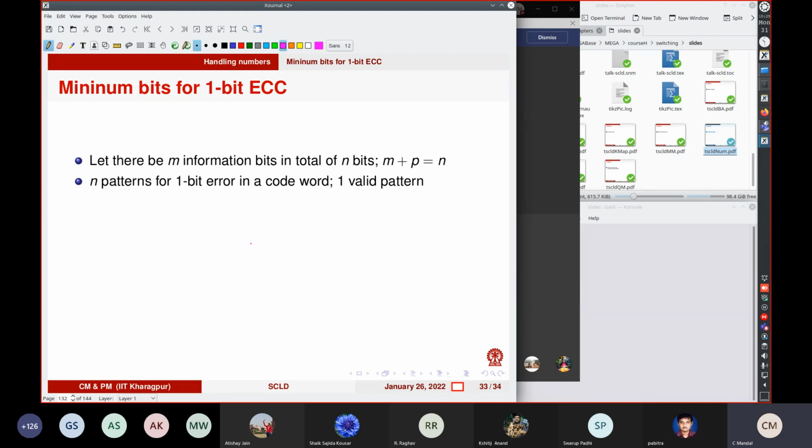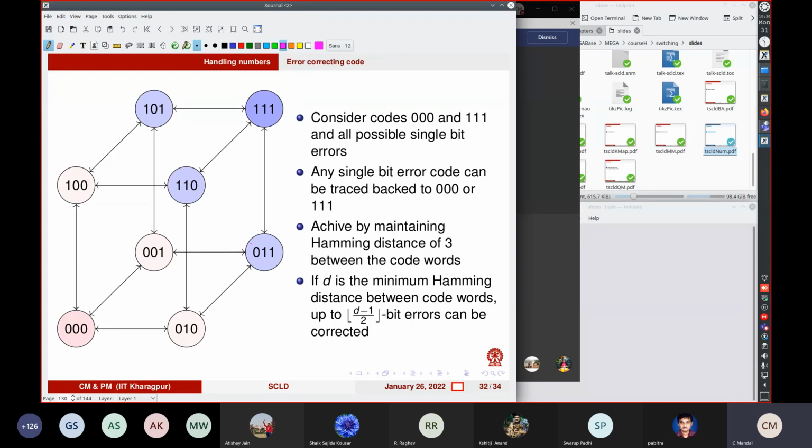So you have n patterns for 1-bit error in a code word. As you have seen, here you have 3 bits, all right? So you have 3 patterns for 1 bit in error.